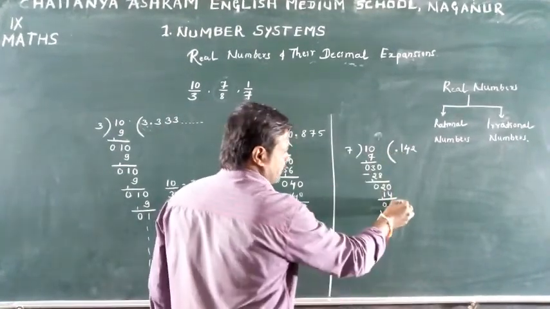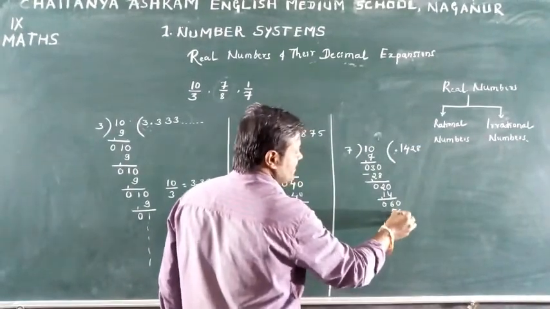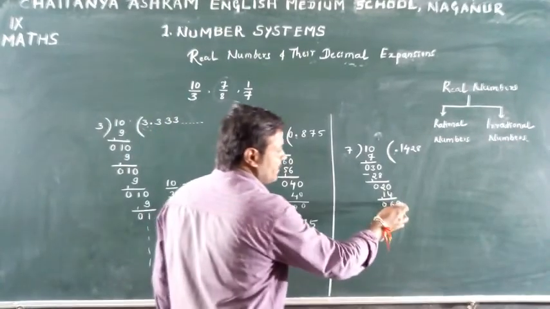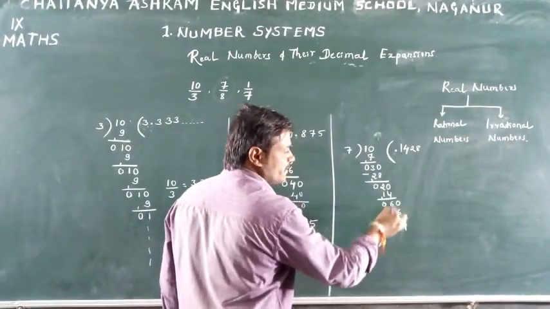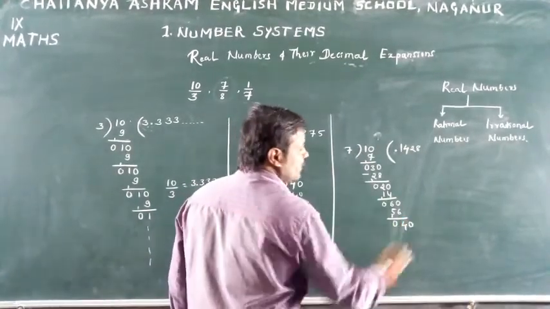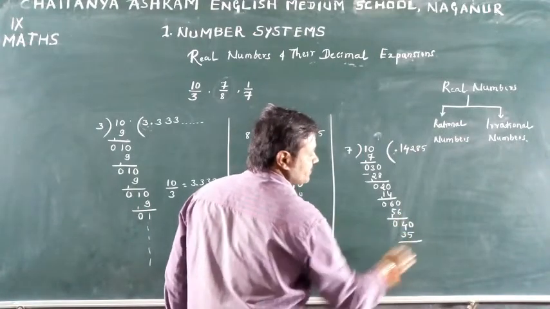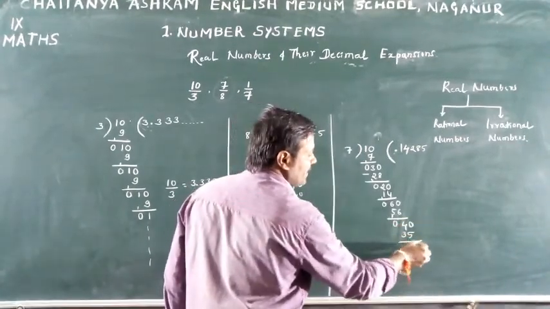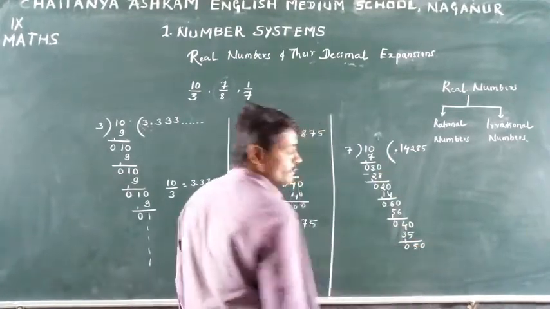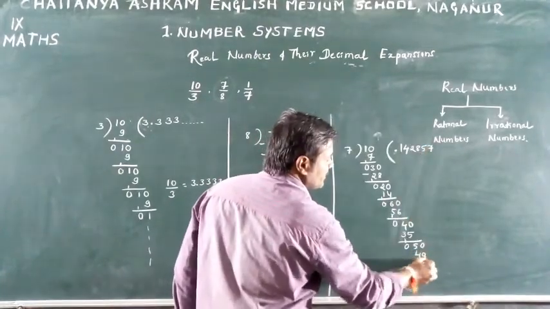Decimal, write one more 0. 7 eights are 56. 10 minus 6 is 4, 6 minus 6 is 0. Decimal, write one more 0. 7 fives are 35. 0 minus 5, 5. 4 minus 4 is 0. Decimal, write 0. 7 sevens are 49.